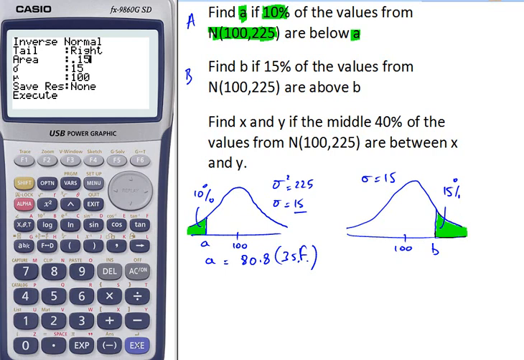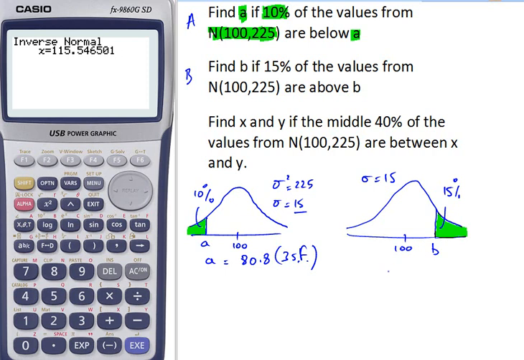And of course, the standard deviation and the mean are all still the same. So the answer we get for B will be 115.5, or 116 to 3 significant figures.